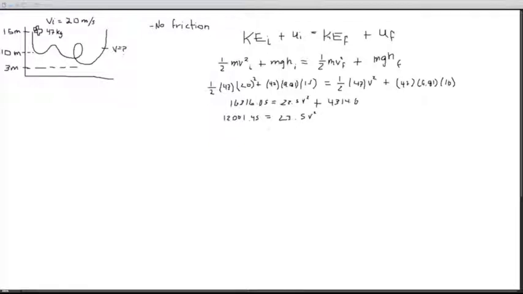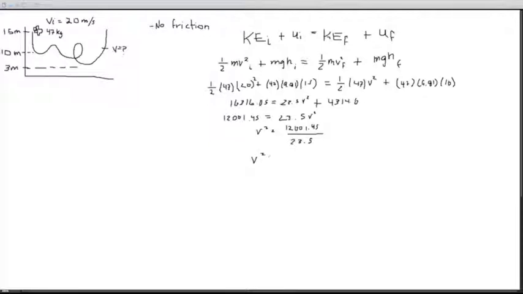Then v squared equals 12,001.45 divided by 23.5. It is divided because it's multiplying, so you have to pass it to the other side, dividing.